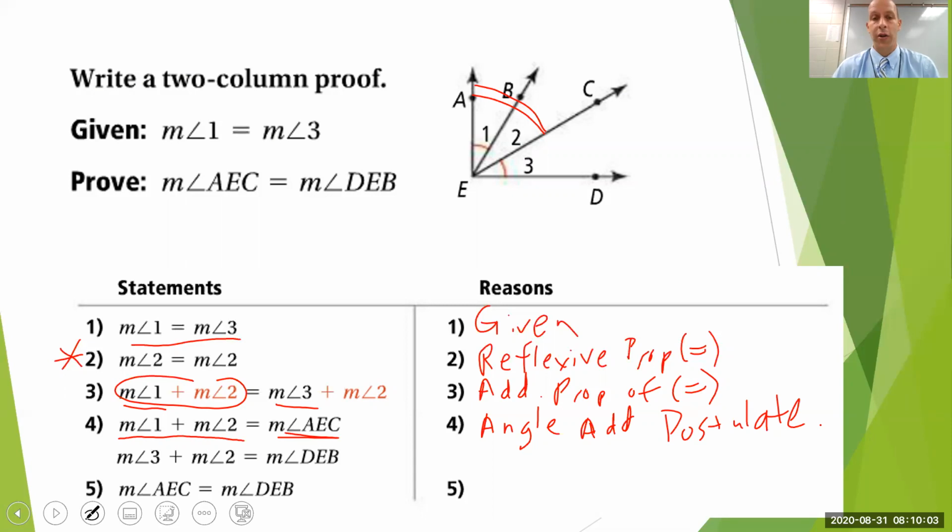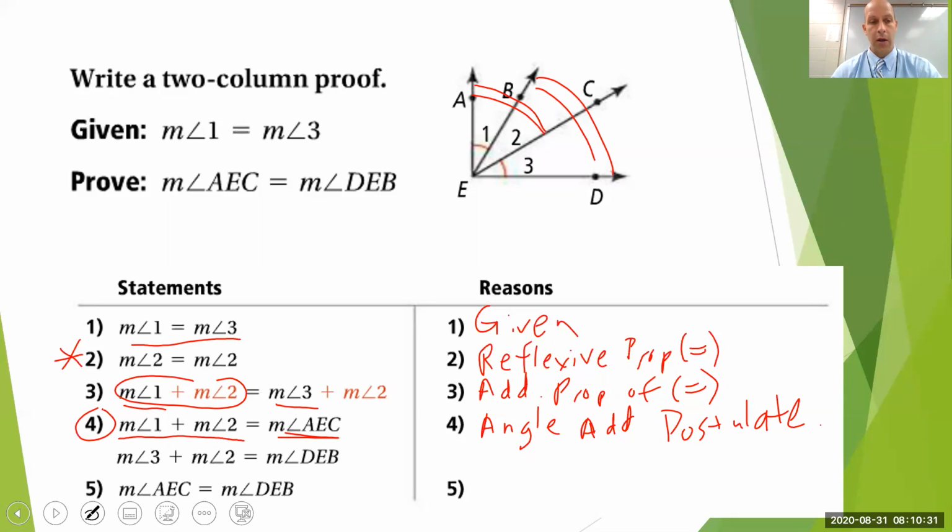Angle addition postulate says if you take angle 1 plus angle 2, which are adjacent angles, then they'll give you the whole angle. You'll notice that the second statement in number 4, measure of angle 3 plus measure of angle 2 equals angle DEB. That's this angle. That's the exact same reason. So that's why we were allowed to use 2 statements in that one step, if you will.